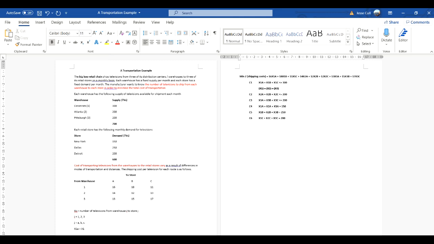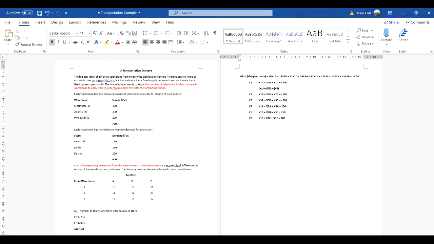So now we have our total shipping costs for all 9 possibilities, and we have our 6 constraints. What is available from warehouse 1, warehouse 2, and warehouse 3, plus what is demanded at store number 1, store number 2, and store number 3. Once we plug all this information into the computer, it will run every possible shipping solution.